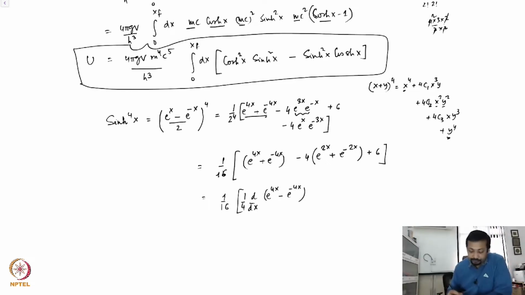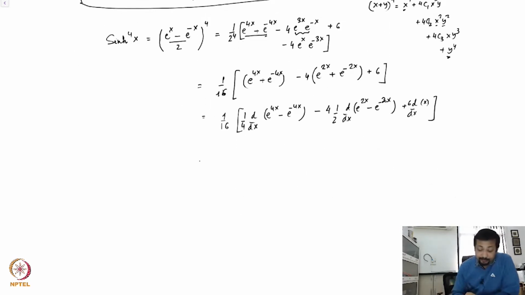right? Minus 4 d dx of e to the power 2x minus 2x divided by half plus d dx of 6 times d dx of x. It's that simple. So 1 over 16, this is where the trick lies.